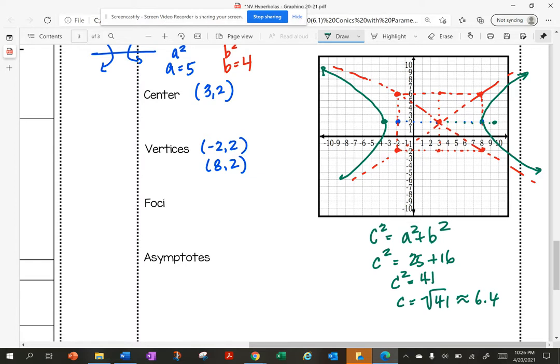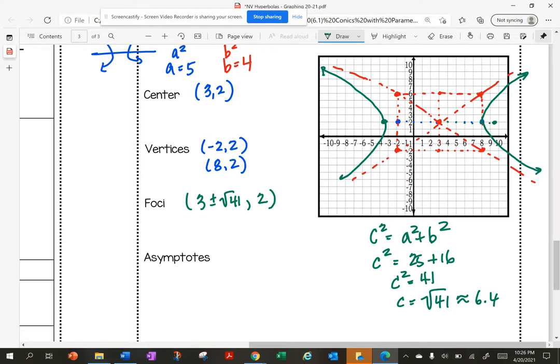And what are the equations? So the foci are at, I'm going 3 plus or minus the square root of 41, and then up 2.